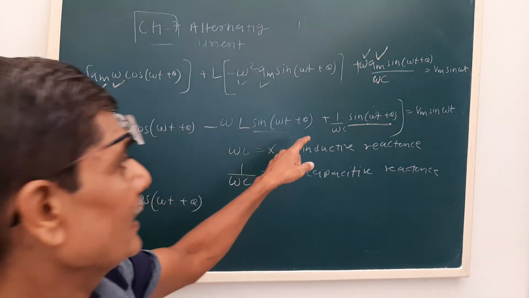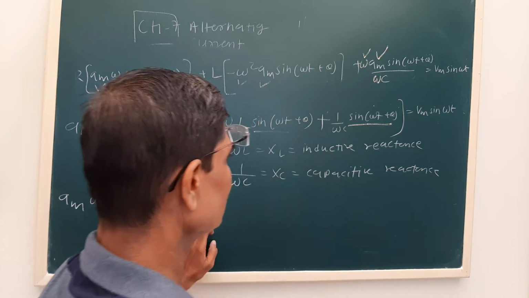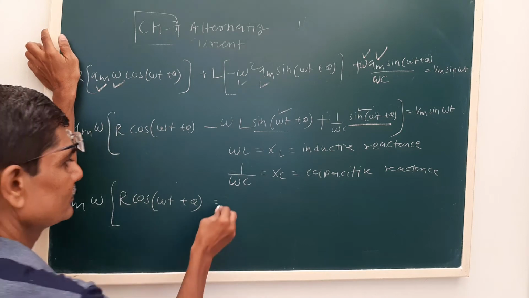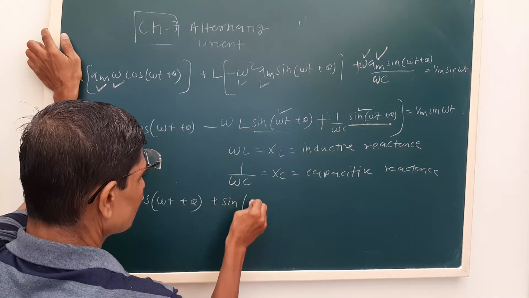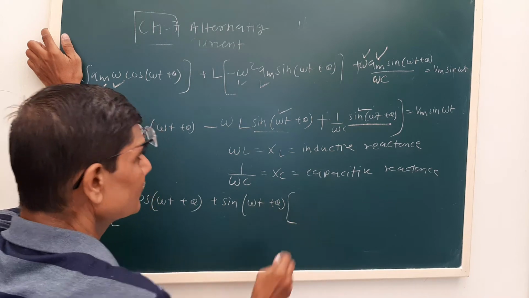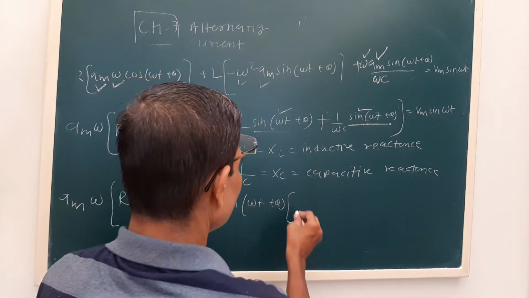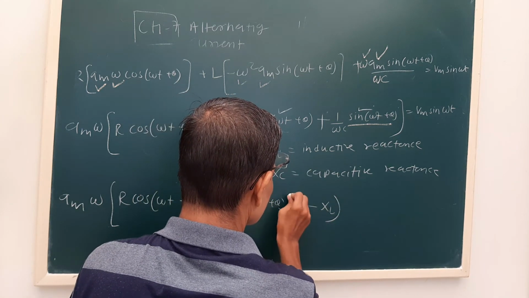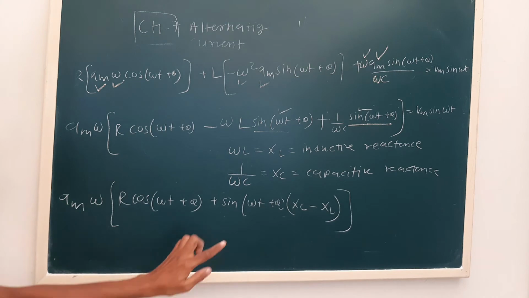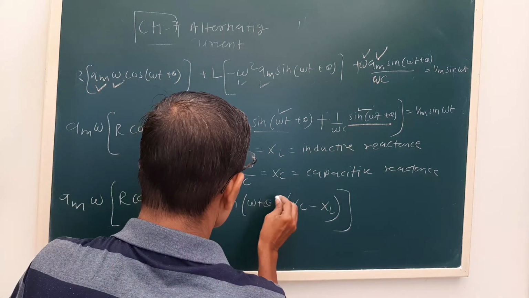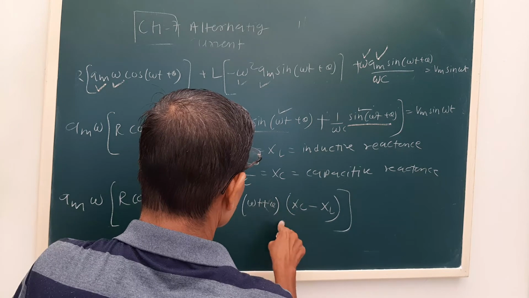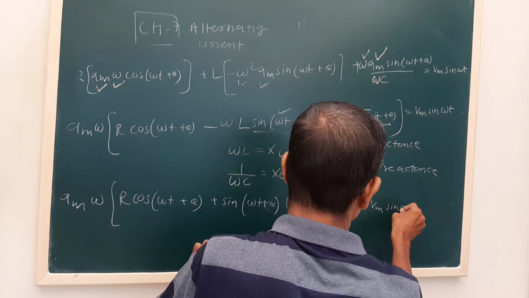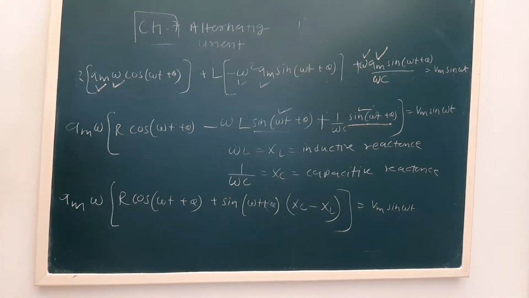Now I write the positive term first, and from these two, sin(omega t plus theta) is common. Now 1 upon omega C is XC and minus omega L is XL, equal to the right hand side, that is the voltage supply.